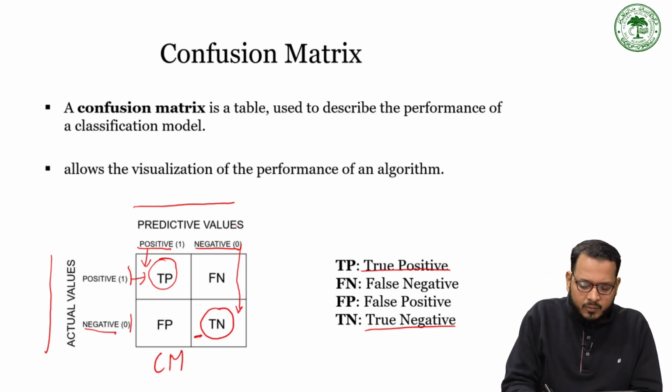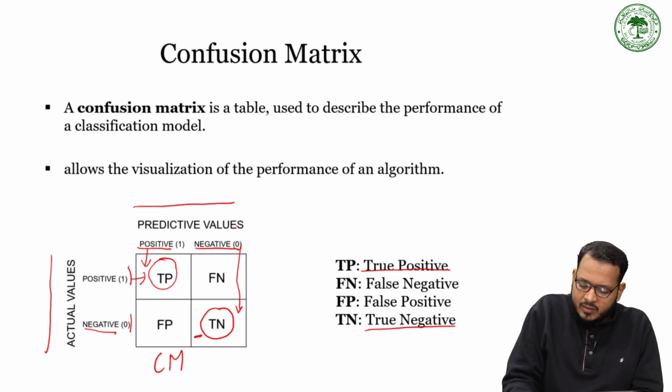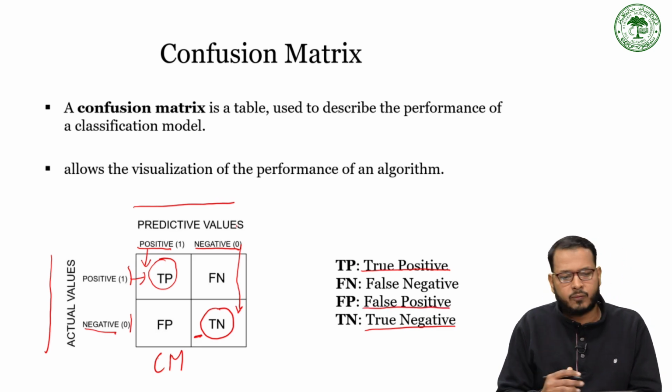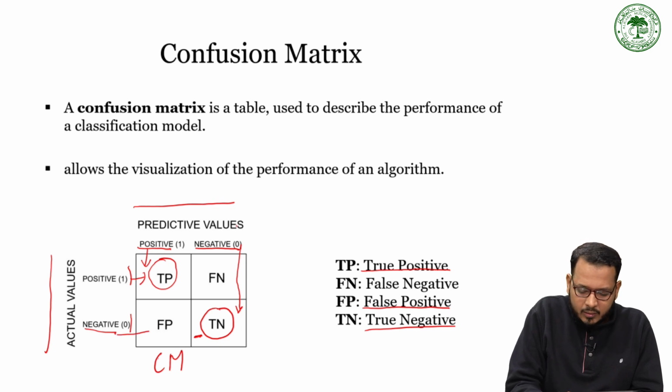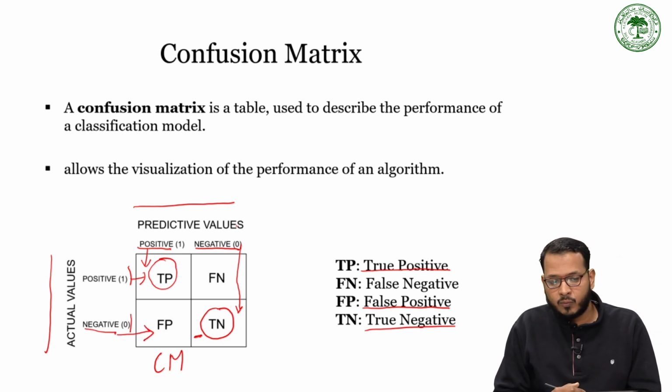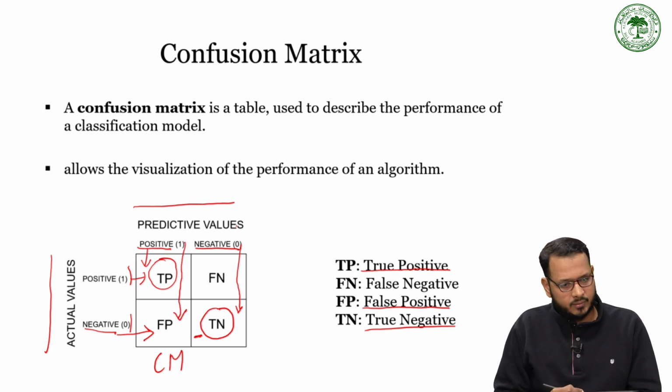However, we also have FN and FP values. Let's start with FP. FP stands for false positive. False positive means that actually the value was negative, but our algorithm predicted this as positive.